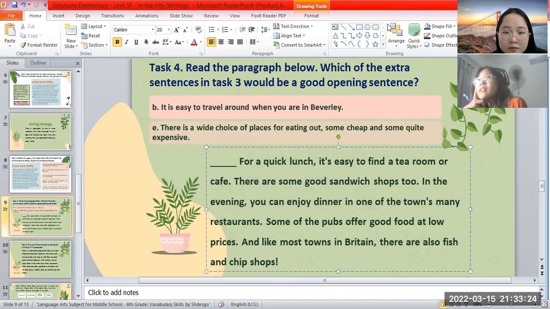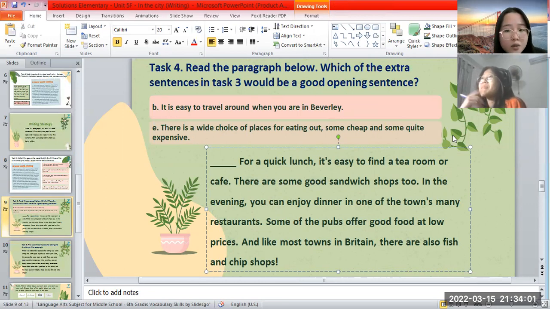I think it is E. Okay, can you tell me why? Because it mentioned the food.